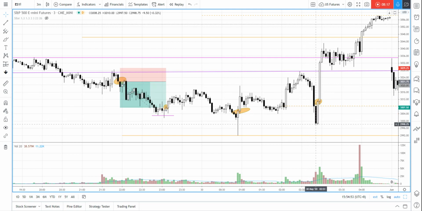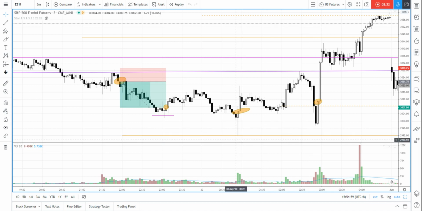That suggests to me that we have increasing supply together with the result. But the result wasn't that bad, because even with this bearish result, it still forms a higher low compared to this swing low here. You can see that swing low is 2992, and even with this increasing supply, we still form a higher low.